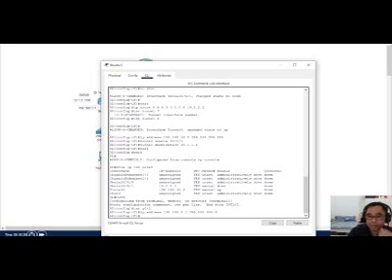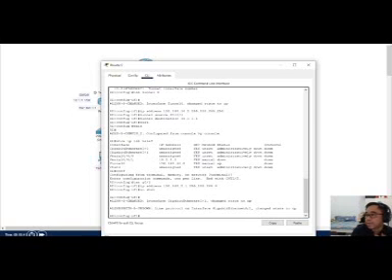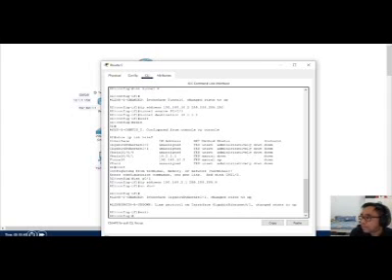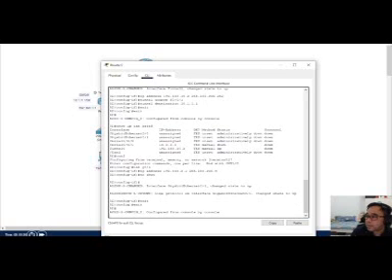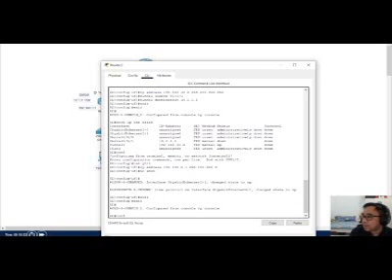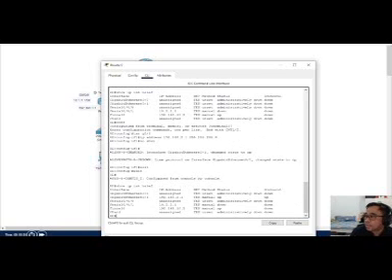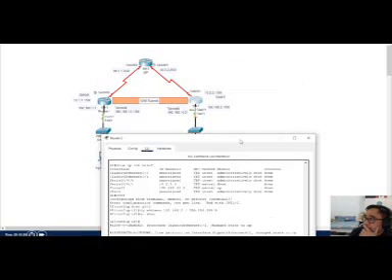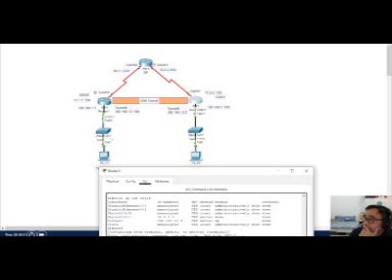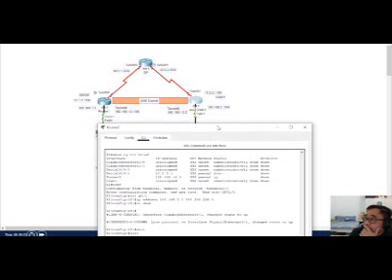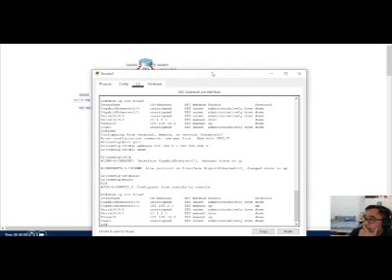Okay, what else? G0/1 is connected here.